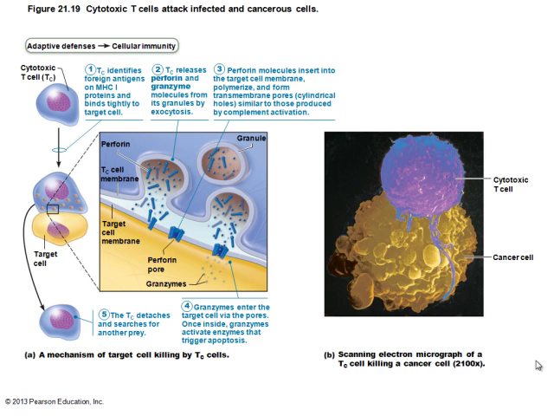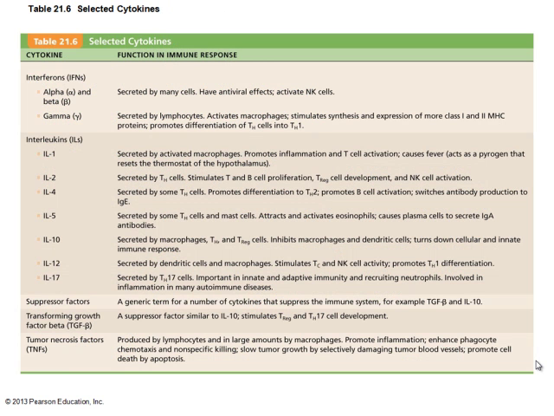Some of the different groups of chemicals important in this whole immune response are listed here in table 21.6 and described starting on page 787. We talked a little bit about interferons before. Interferons were going to help block cells from becoming infected with virus.